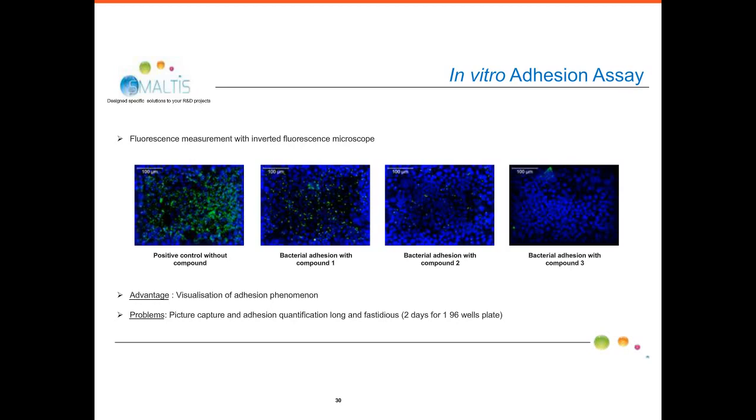But there are a lot of disadvantages. First, picture capture is very long because we must take between 4 to 6 pictures per well in order to have a good overview of each one.